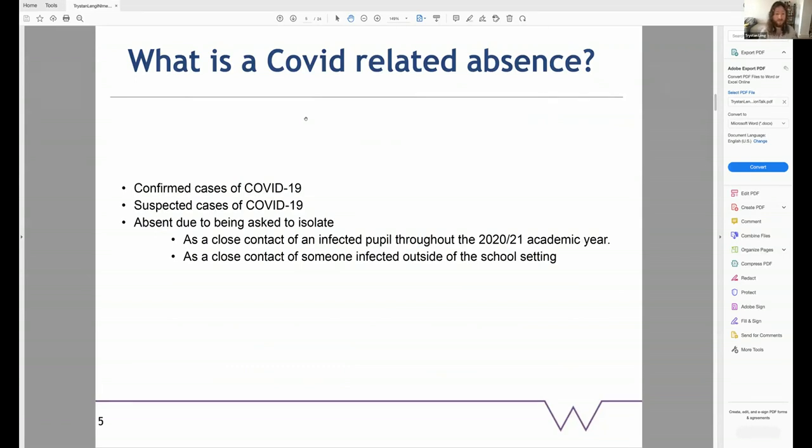Or you also have absences due to being asked to isolate. This may be as an identified close contact within the school setting throughout the 2020-21 academic year, or if, for example, a family member is infected, people may be asked to isolate because of that. So a contact with someone outside of the school setting.